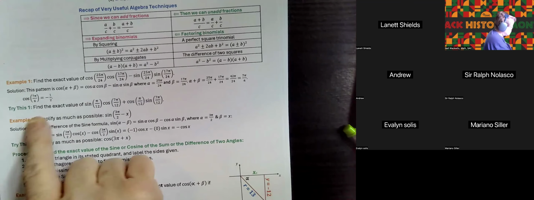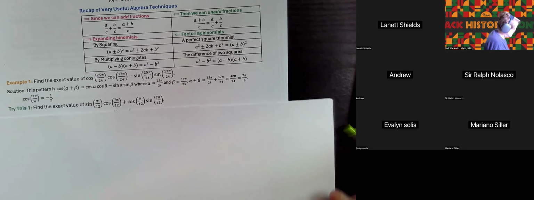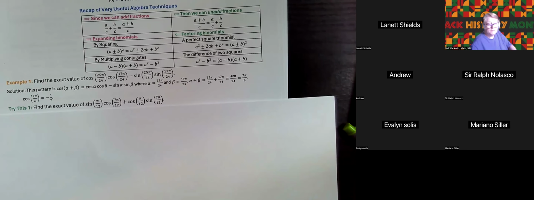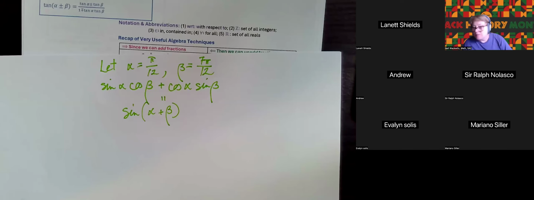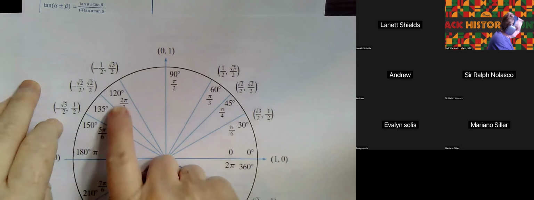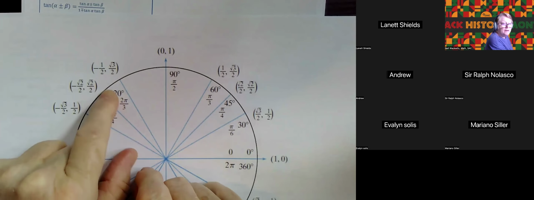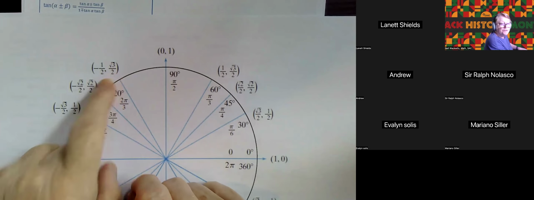I want y'all to try this one. And I want to hear you. Excellent. So yes, the angle was 2 pi over 3. The sine is square root of 3 over 2.